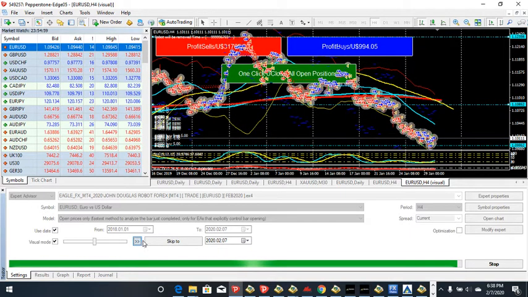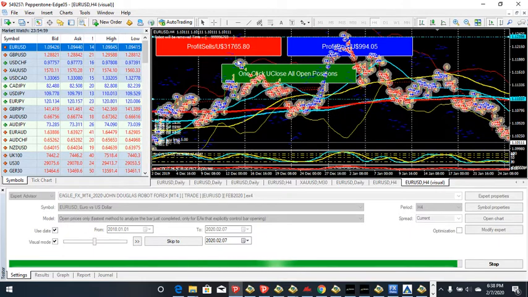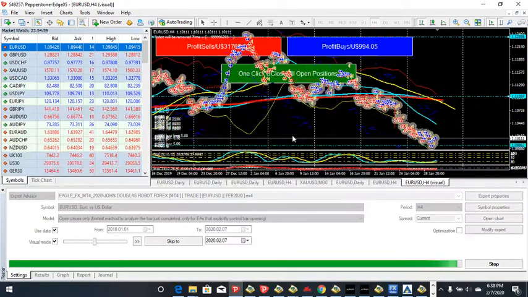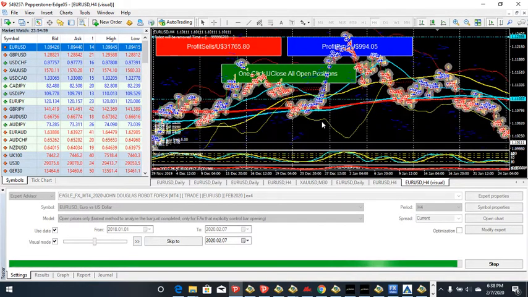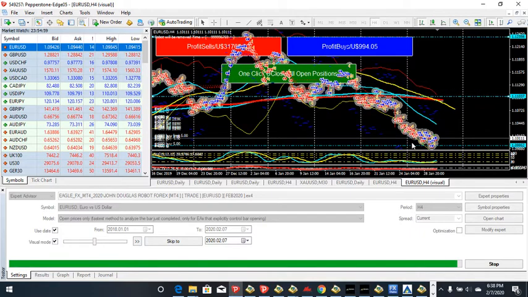Look at this one here. You can see in the middle here, positive here and also positive here. You know why? Because sell right here. Now it opened buy right here. See? Now both ways.